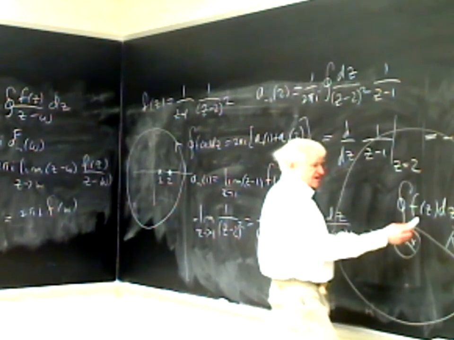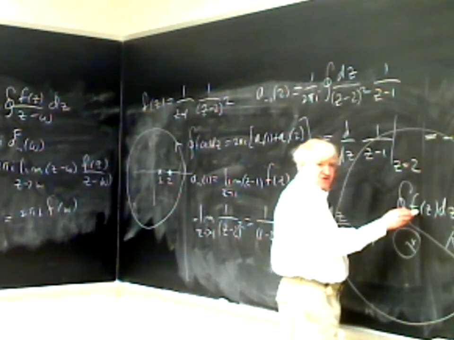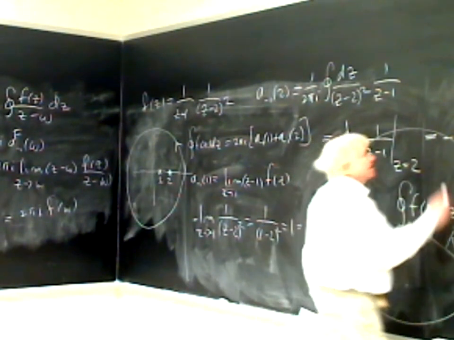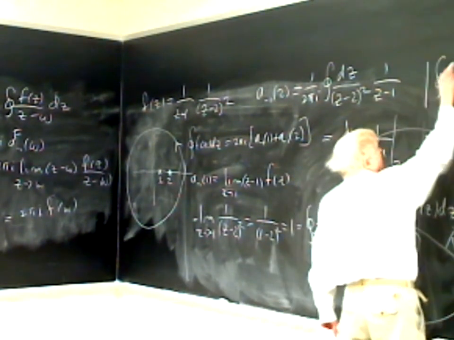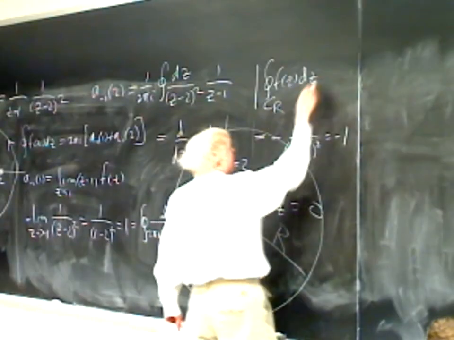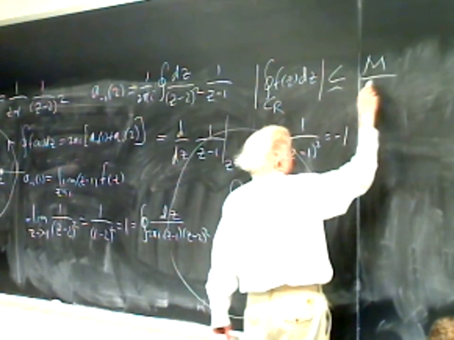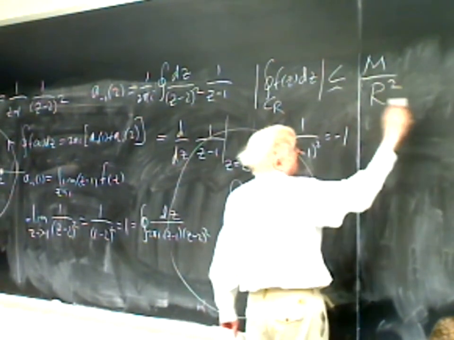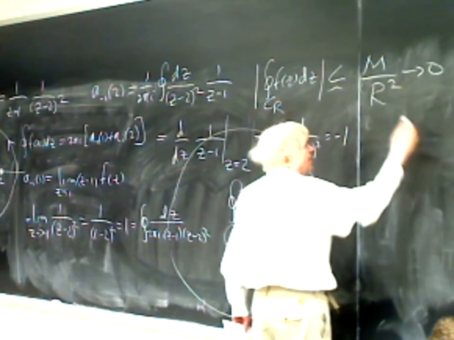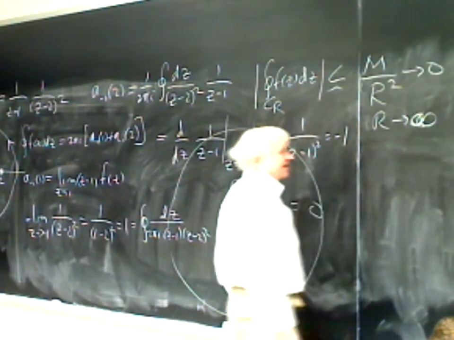Then the perimeter, which is dz, will go as r, but the function goes as 1 over r cubed. So the absolute value of the integral of f of z dz around this big circle of radius r is bounded by some number m over r squared, and that goes to 0 as r goes to infinity.